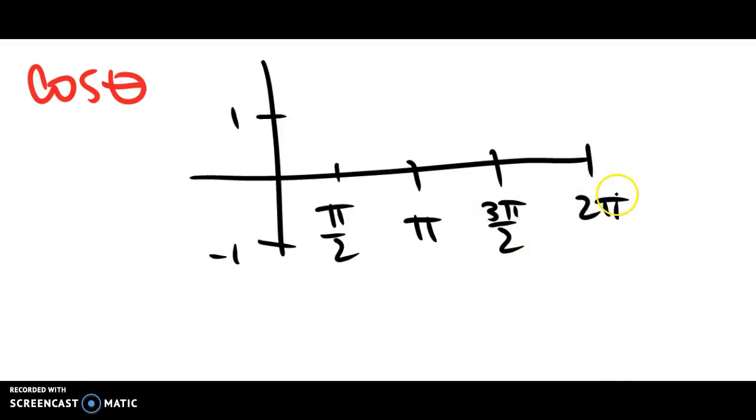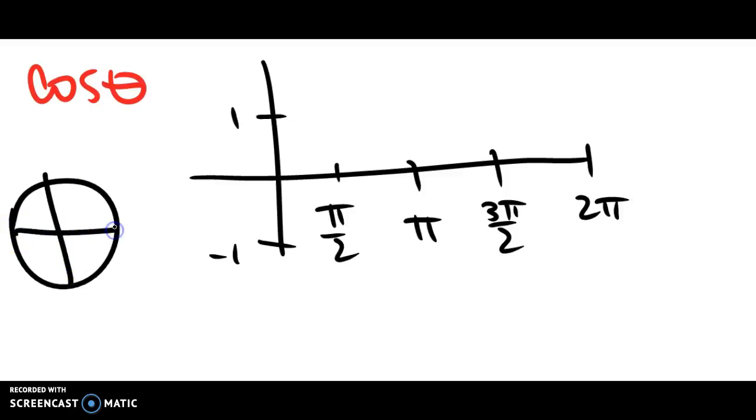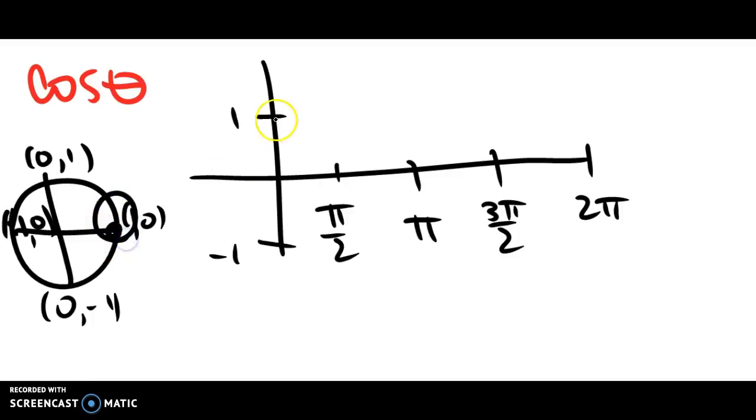On the unit circle for cosine, I start at 1, 0, then 0, 1, then negative 1, 0, then 0, negative 1. Cosine is your x values, so cosine starts out at 1.